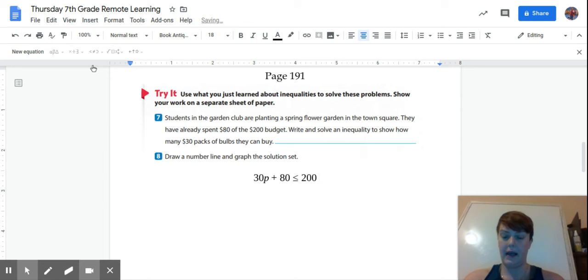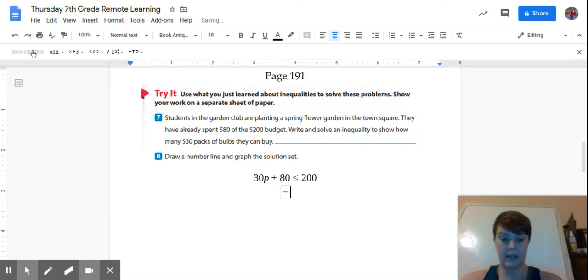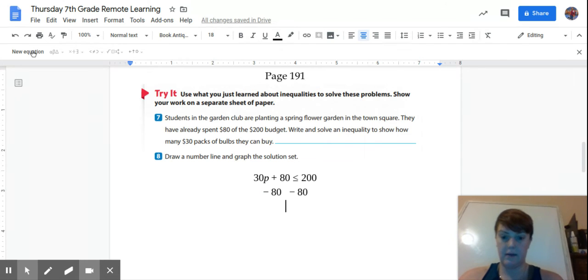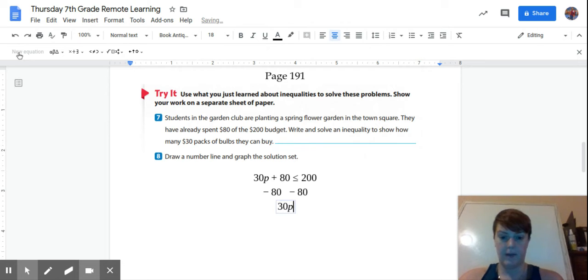Okay, so then we're going to solve. We're going to subtract 80 from both sides. And then that's going to be 30p is less than or equal to 120.